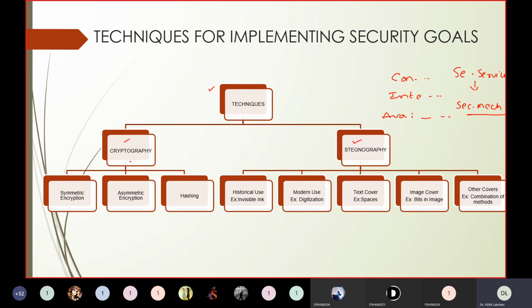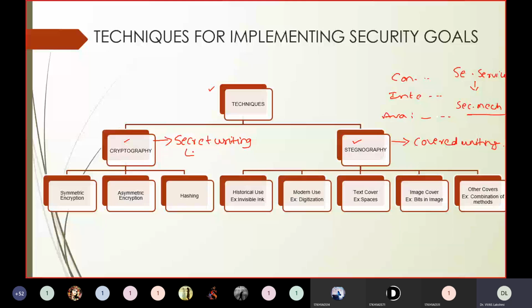So what is meant by cryptography? Cryptography is nothing but secret writing. Steganography is nothing but covered writing. So what is the secret writing?